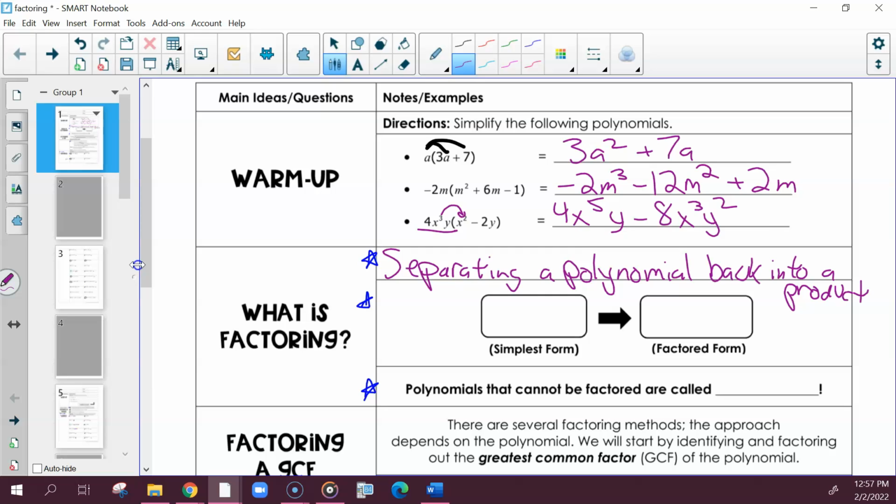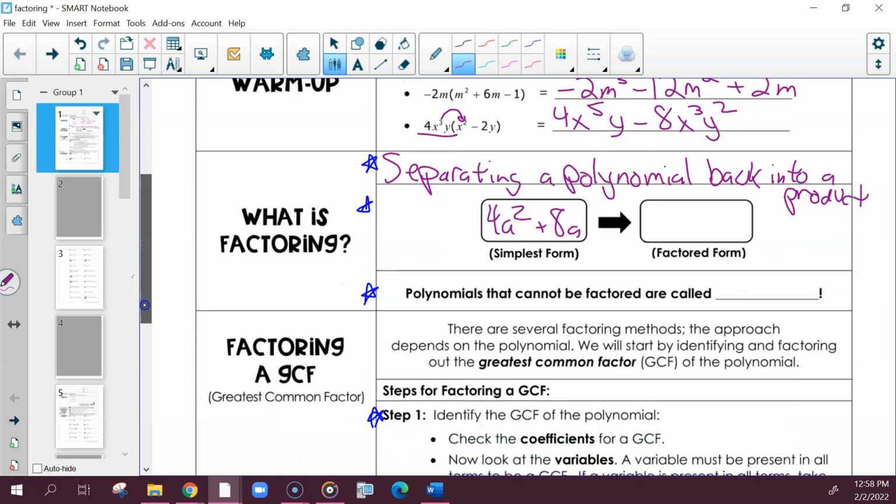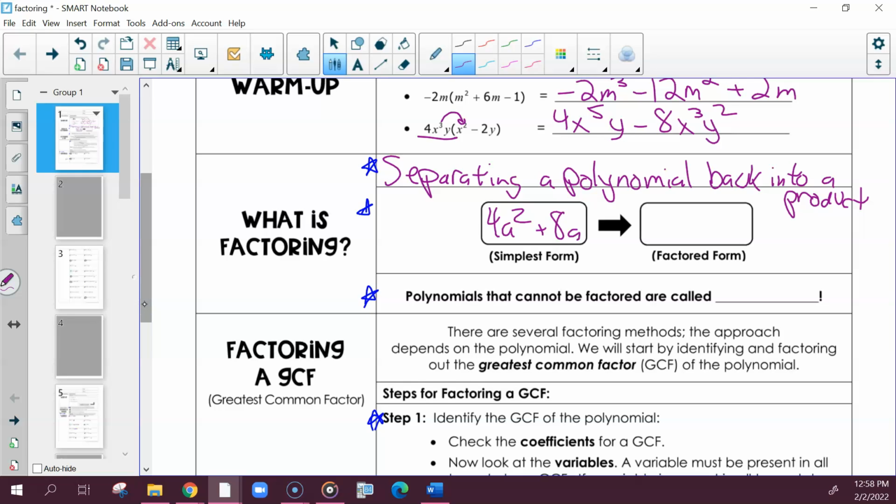So when we factor, we're basically undistributing, but saying that is weird, so we're factoring. So let's say I had something like this, where it already distributed, like 4a squared plus 8a. I just made something up. Our goal is to get it back into this factored form, what it looks like before we multiply.